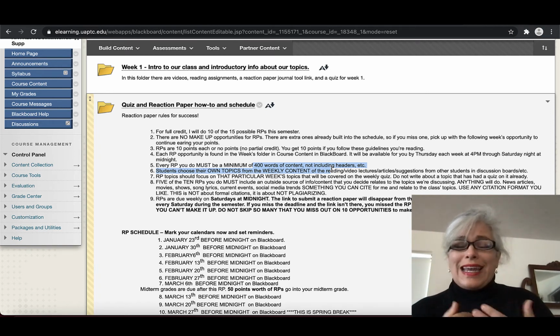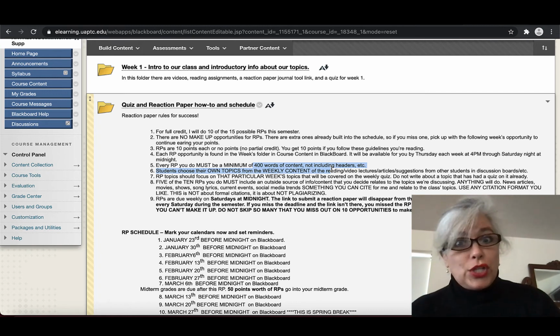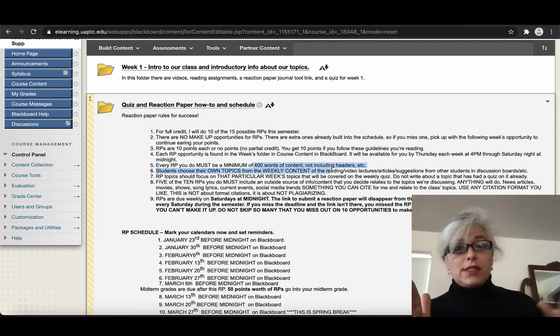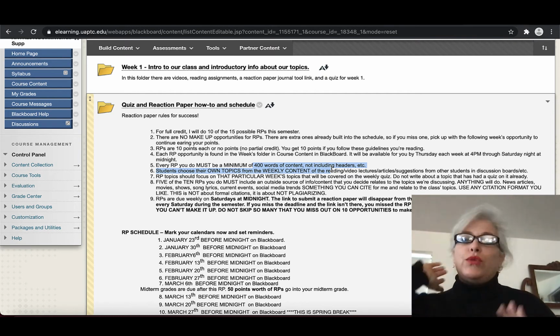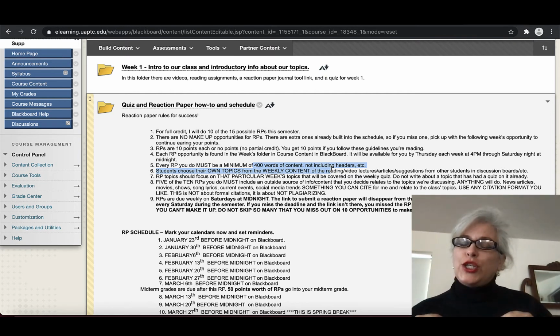So you're going to need that information for the quizzes too. Every single week has a quiz that covers that particular week's information. So use your reaction paper as an opportunity to review what we've talked about that week. So it'll be fresh on your mind and the quiz will be bingo, you're done.